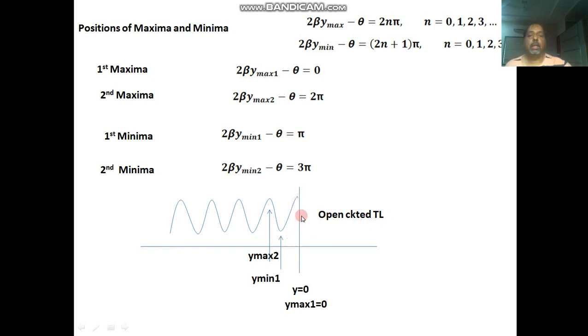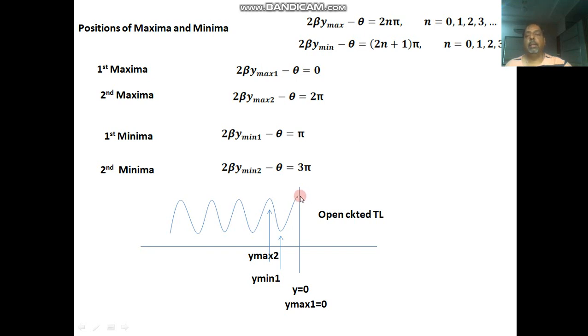circuited line. For an open circuited line, ZR will be infinite. In that case you will get the voltage maximum here, because for an open circuited line the current will be 0.